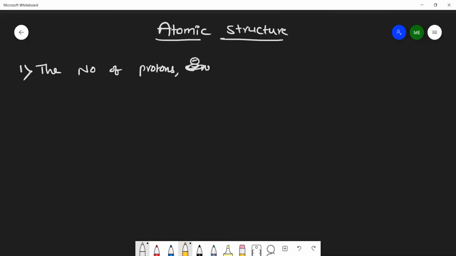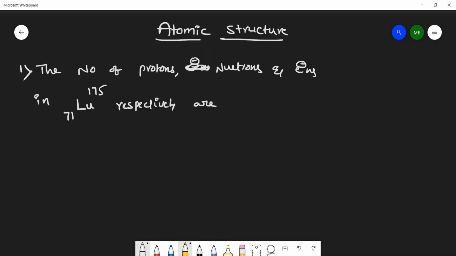Find the number of protons, neutrons, and electrons in the given species. The answer for that is lutetium.